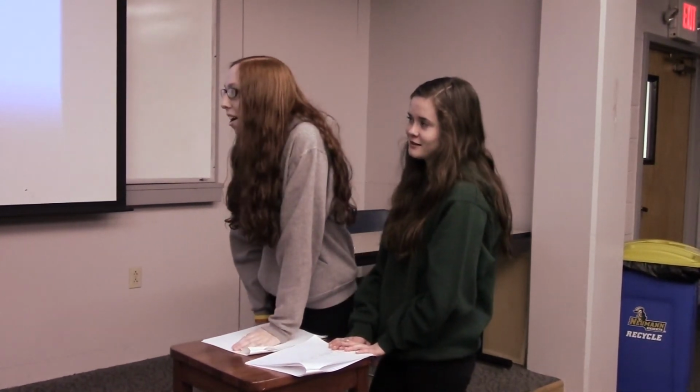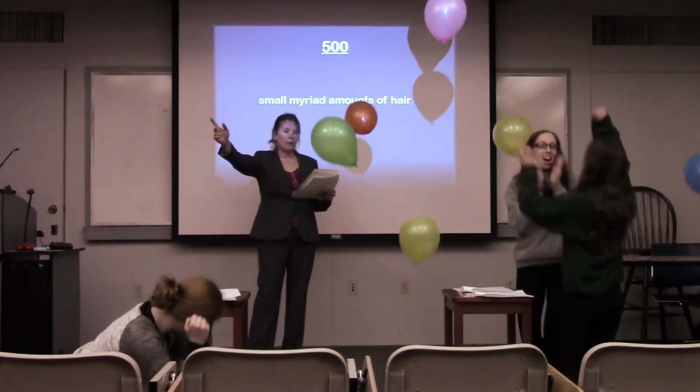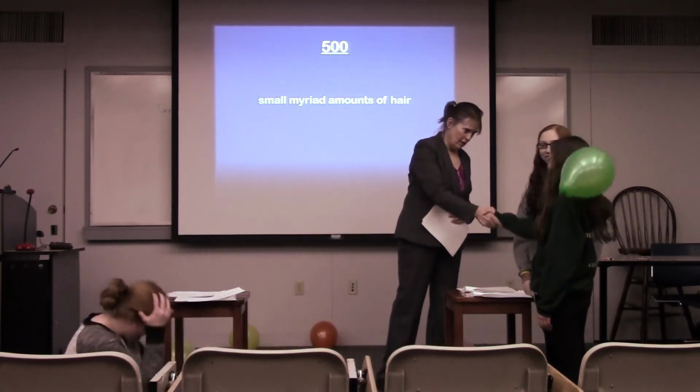What are cilia? Cilia is correct. Garnet scored with 1,700. Chromatin, a coil of DNA wrapped in protein forming chromosomes.